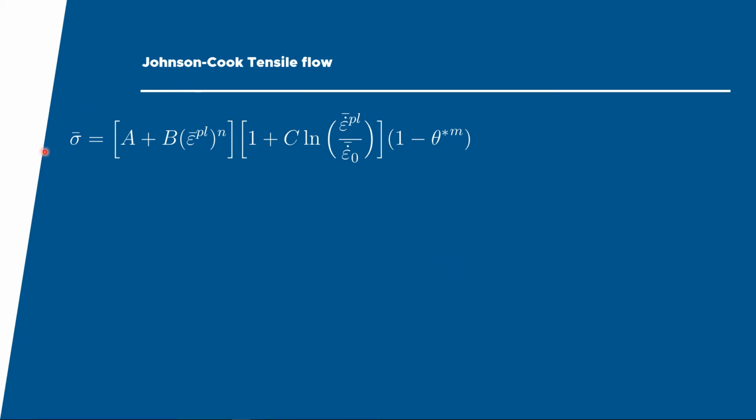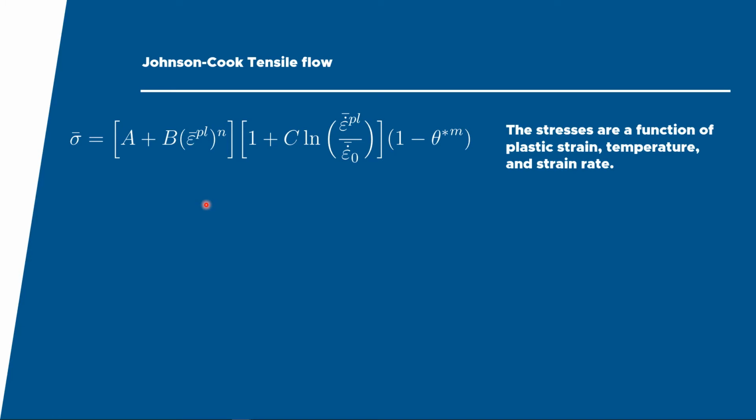This equation models the plastic region in the analysis. As you can see here, the stresses are a function of the plastic strain, of course, the strain rate, and the temperature.